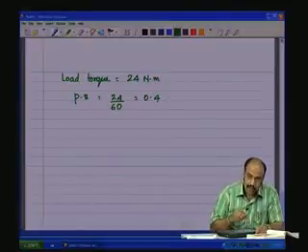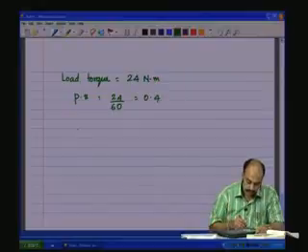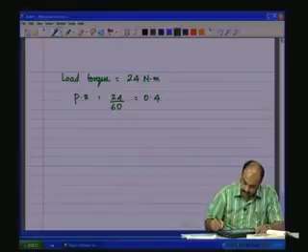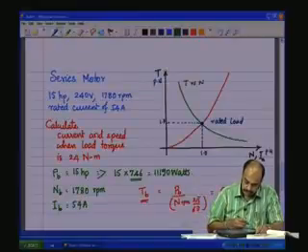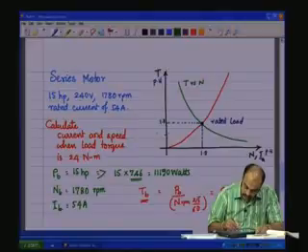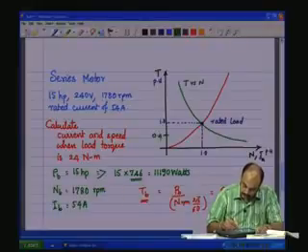So, all should be calculated at 0.4 per unit value. When we go back to the characteristic, if this is 1, somewhere here is our 0.4 per unit.